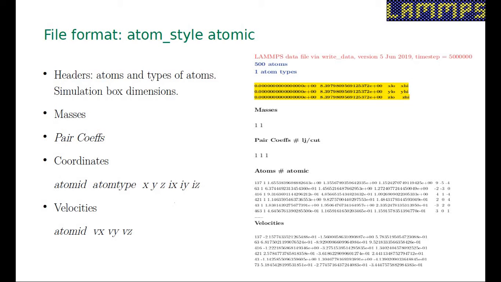Sometimes we can include parameters that are the number of crossings on the simulation box faces. Then come velocities, where we have to provide the atom ID and the velocity coordinates.